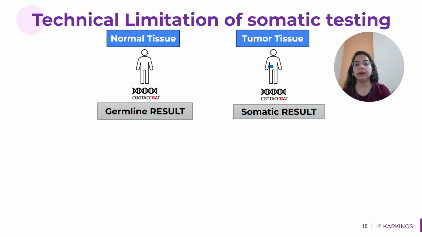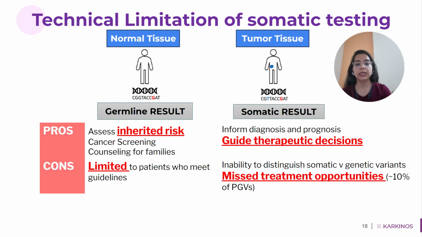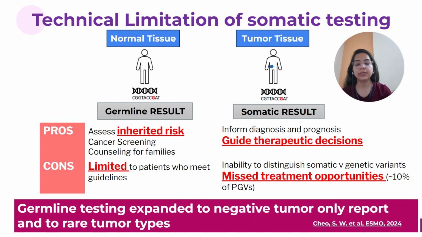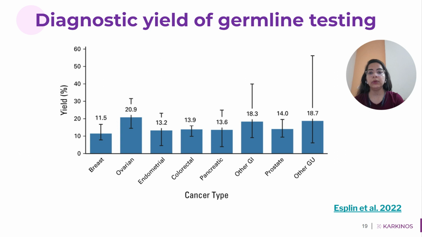Now, having said that about somatic testing, there is one technical limitation associated with somatic testing, which is that it could miss 10% of pathogenic germline variants, implying that some patients could miss treatment opportunities. And to take care of that, germline testing should be expanded to negative tumor-only reports and also additionally to rare tumor types. Now, the reason behind extending germline testing is the diagnostic yield of germline testing.